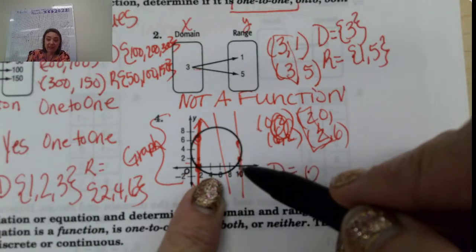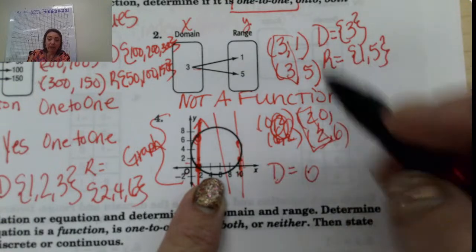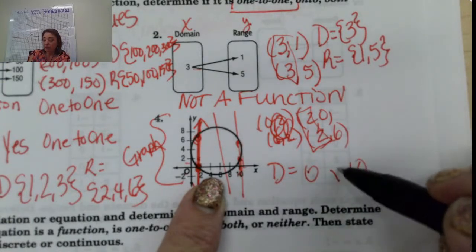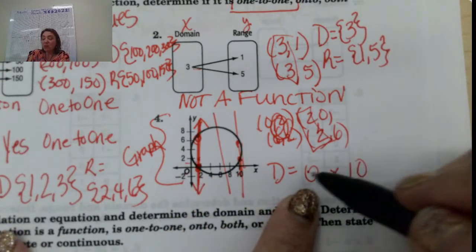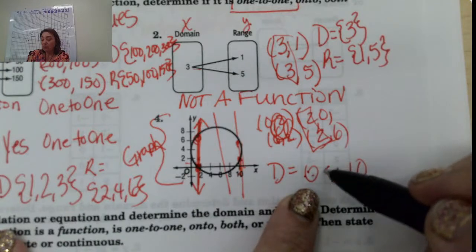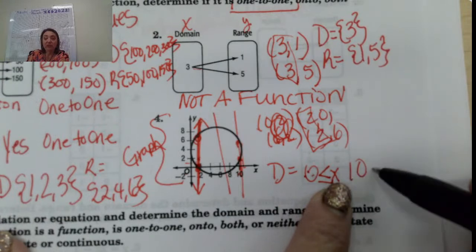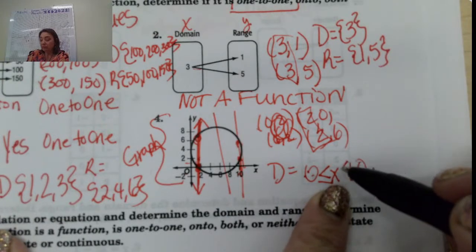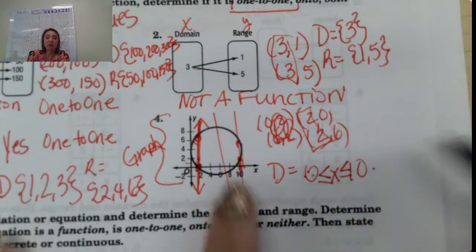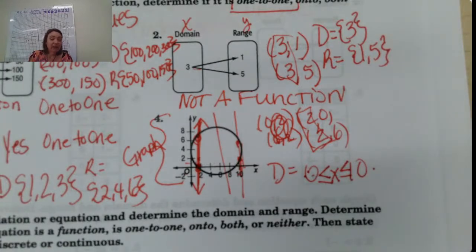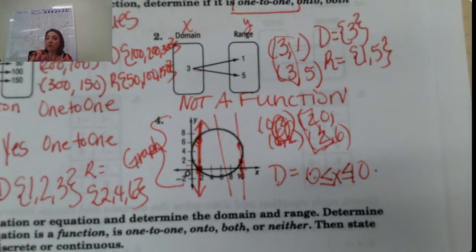I think it's actually more than 10, but we're going to write down 10, okay? So x has to be what compared to 0? Greater than or equal to. What to 10? Less than or equal to. And that's how you would write that domain. X is greater than or equal to 0. X is less than or equal to 10. See why it was important for us to understand how to read that the other day? You remember that now?